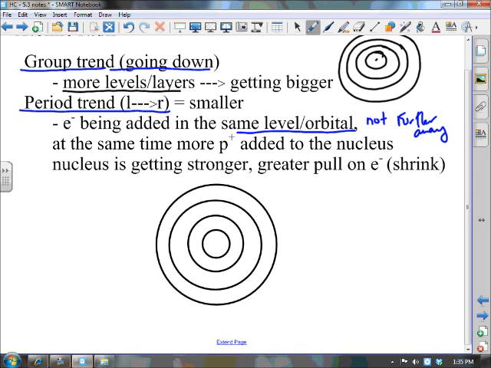But at the same time, we're adding more protons to the nucleus. Well, if we're adding more protons, the nucleus is gaining a much stronger positive charge.